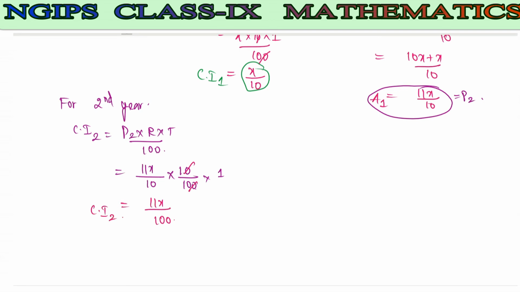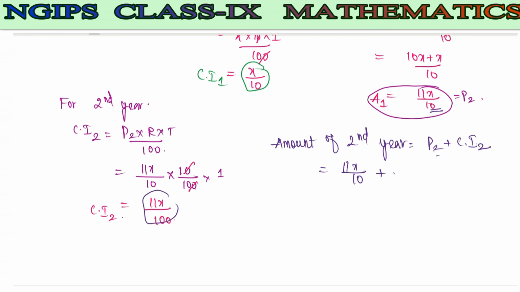Now I am going to calculate the amount for the second year. Amount of second year is equal to second year principal plus second year compound interest. The second year principal is 11x divided by 10, plus the compound interest 11x divided by 100.